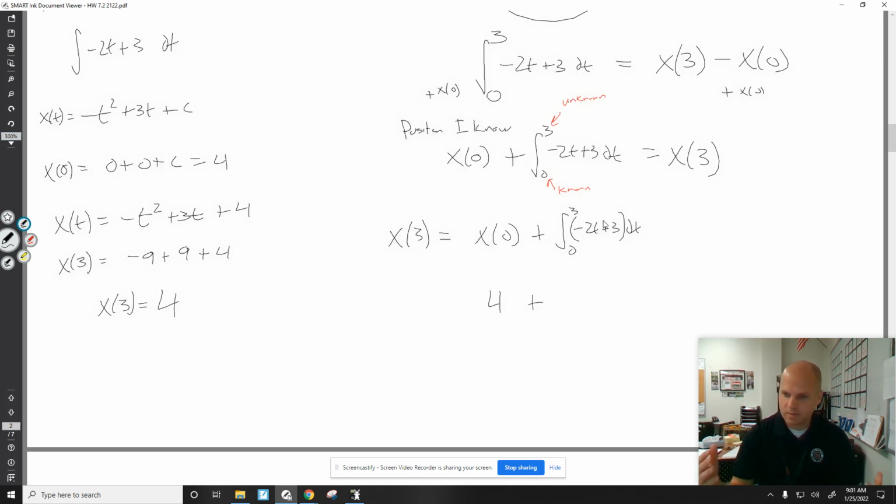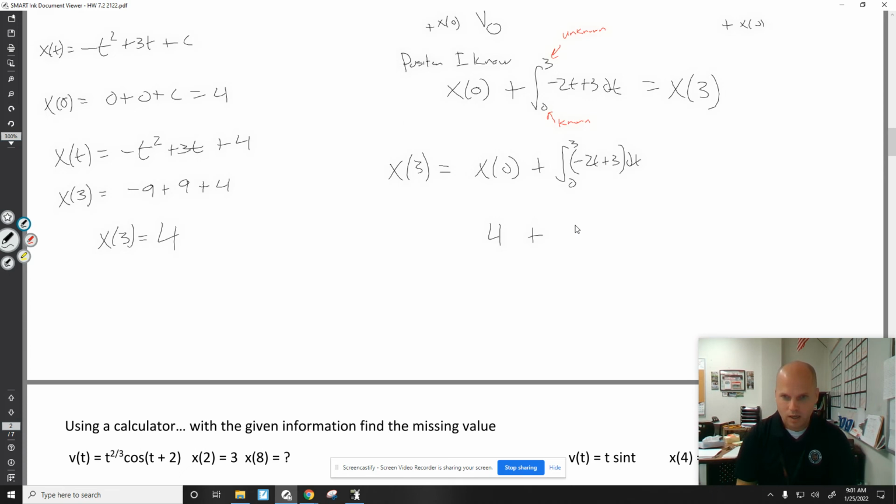Now to calculate my displacement, I'll take the antiderivative and plug in 3 and plug in 0 and cancel the c's. Don't worry about finding c. I'm not going to worry about it at all. I'm going to take the antiderivative, find the change between 0 and 3. The c will go away when I subtract.